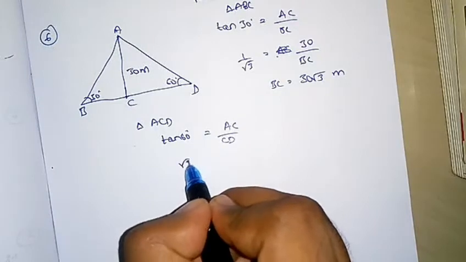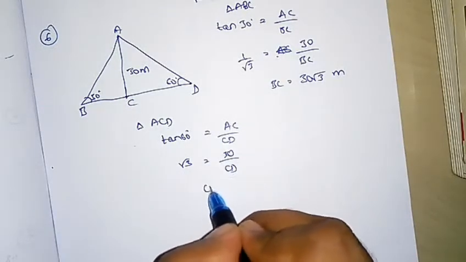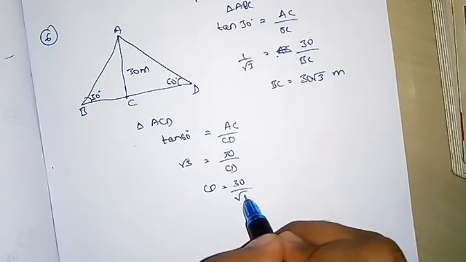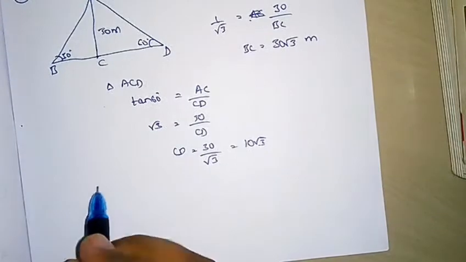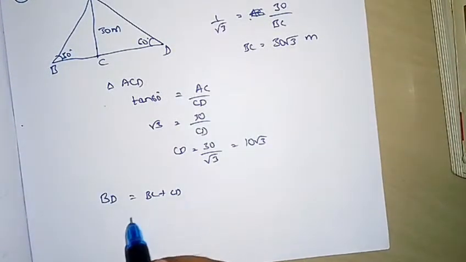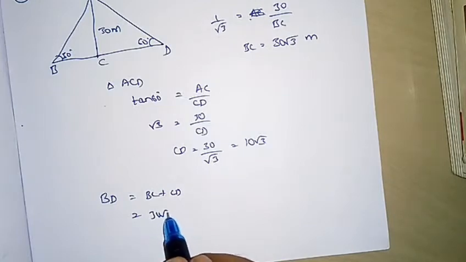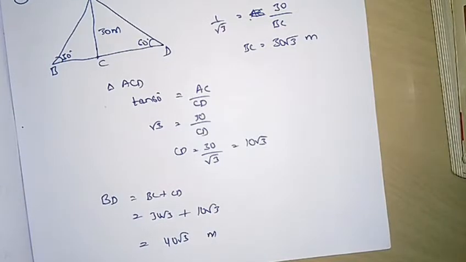Tan 60 is root 3, which is equal to 30 by CD. CD is equal to 30 by root 3, which is equal to 10 root 3. Therefore, the distance between the two persons is BD, which is equal to BC plus CD. BC is 30 root 3 plus CD is 10 root 3, which is equal to 40 root 3 meters.